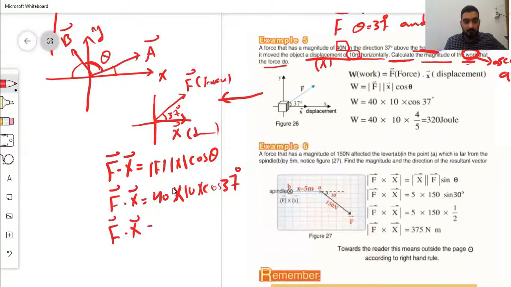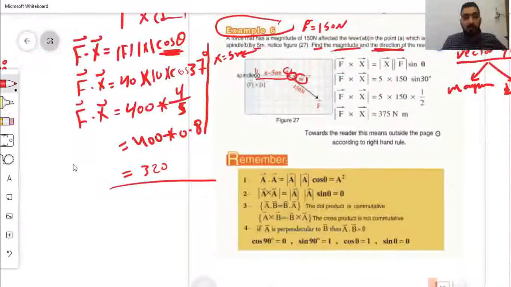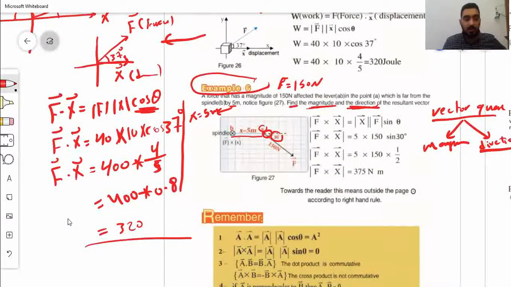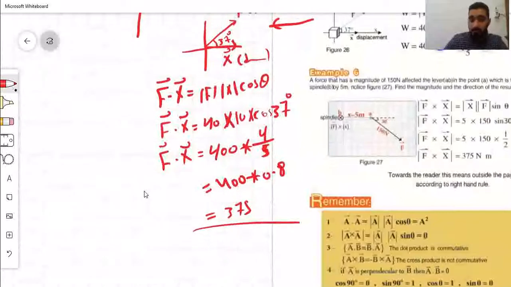F dot x equals 40 times 10, equal to 400, times cosine 37, which is 0.8. Now 400 times 0.8 is equal to 320 joules. Now to the next example, example 6 in the book.